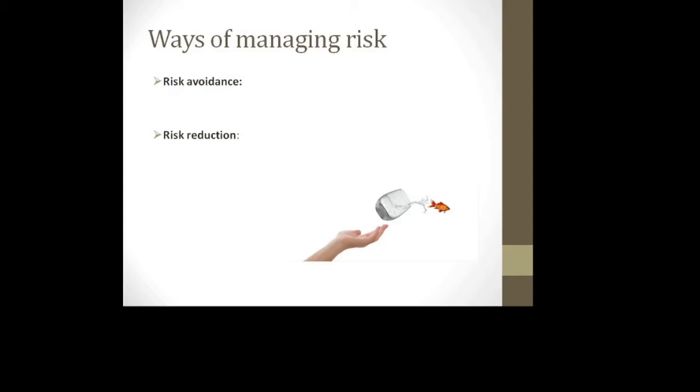So in this step, the company's effort is just to reduce the amount of risk or reduce the effect of risk on the company. Here we'll see the different loss reduction techniques that the company can use. The first one is separation.